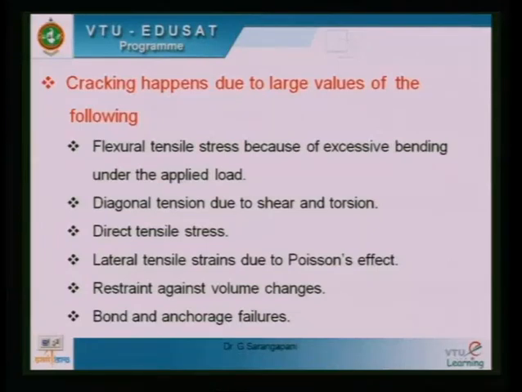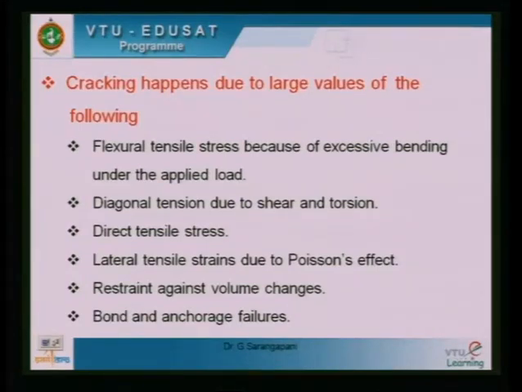In a simply supported beam below the neutral axis, when subjected to any kind of external load like UDL or concentrated load, the bottom zone will be subjected to tension. Tensile stresses develop along the longitudinal fiber, and if these flexural tensile stresses have a large value, greater than the tensile strength, this is going to cause cracking.